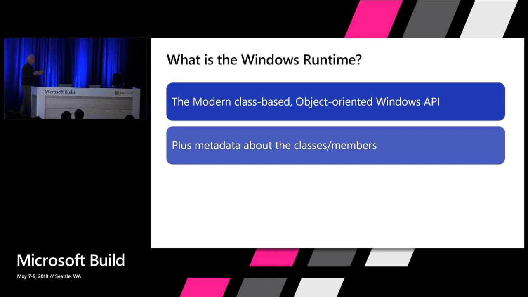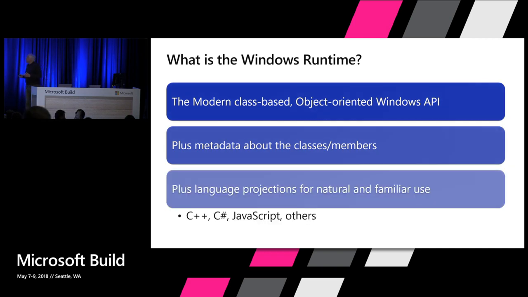We still have Win32 and everything that you know and like to varying degrees, but we have this great Windows runtime API. So these language projections, the key phrase that we toss around internally is we want programming in your favorite language to write Windows applications to be natural and familiar.